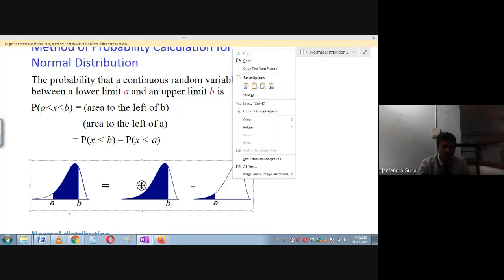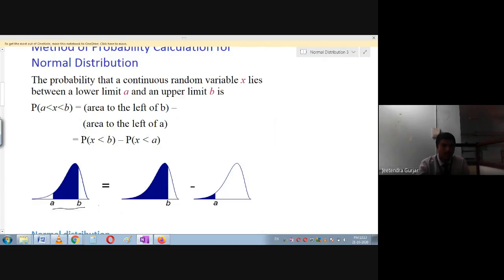You can see a and b we have taken here. You're going to calculate the area between a and b; it will start from this point and end at this one. So to calculate this area, you first take the length from 0 to b, and then subtract the length from 0 to a.